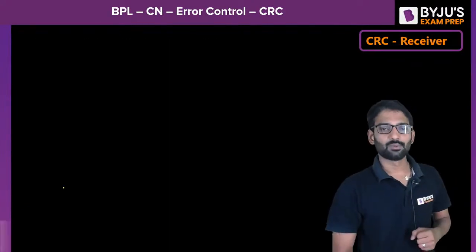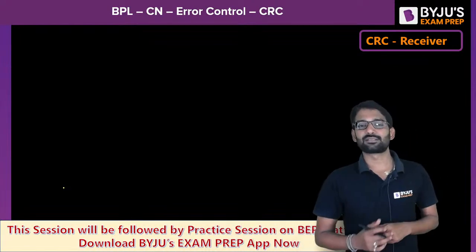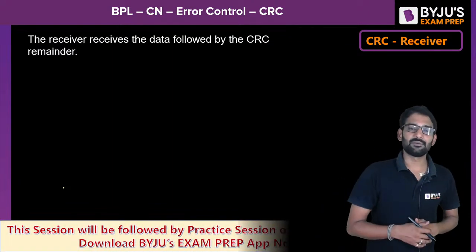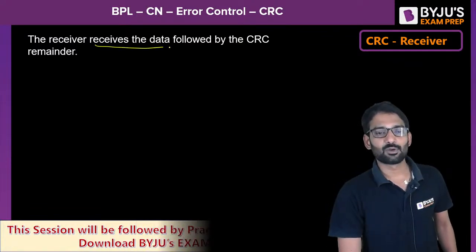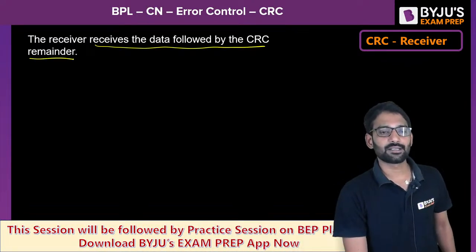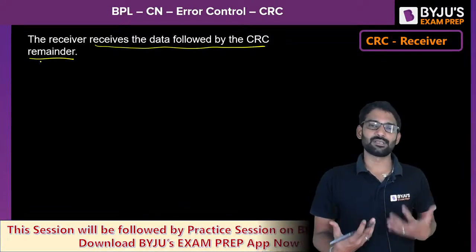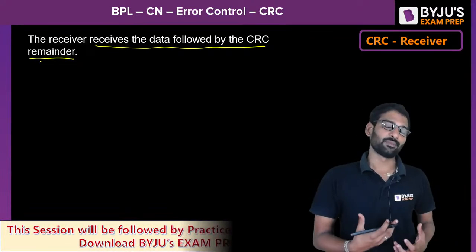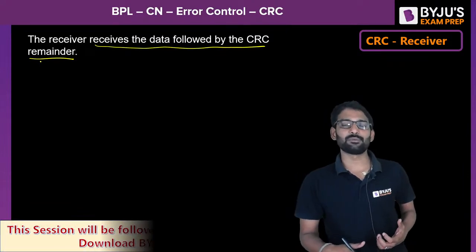Okay, now how does the receiver apply this CRC technique? Let's see. The receiver receives the data followed by the CRC remainder, right? So what does the receiver receive? The code word. It may be with error or without error, but the receiver is receiving the code word.